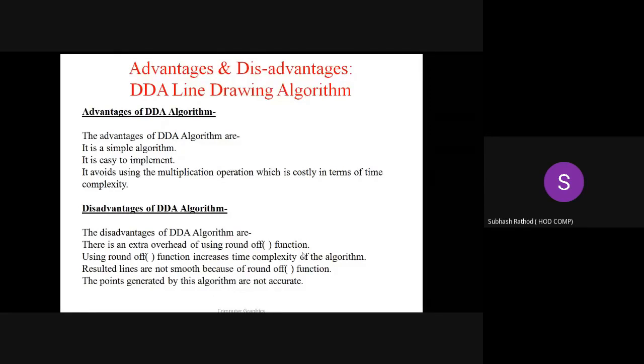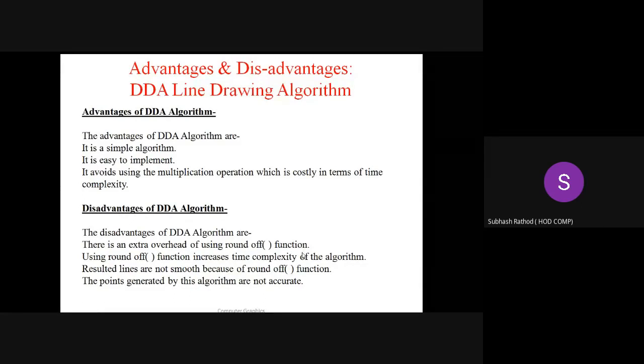These are the disadvantages; we can say there are two here. One is that there is extra overhead on the processor as we need to round up the values. This is the first disadvantage.